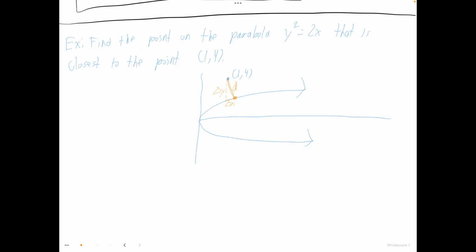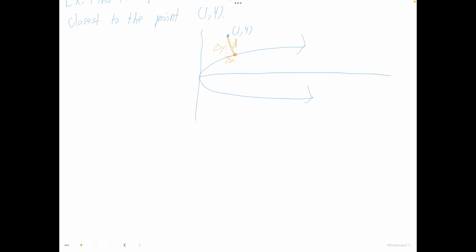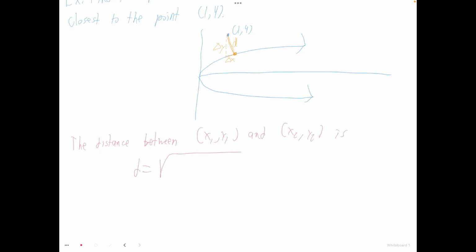And so the distance formula in general, it's coming from what I just said with the triangle. In general, the distance between (x1, y1) and (x2, y2) is d equals the square root of (x1 minus x2) squared plus (y1 minus y2) squared.